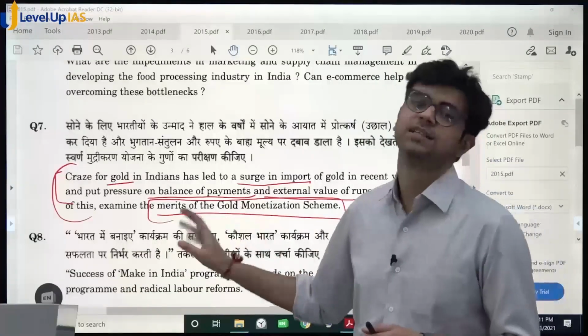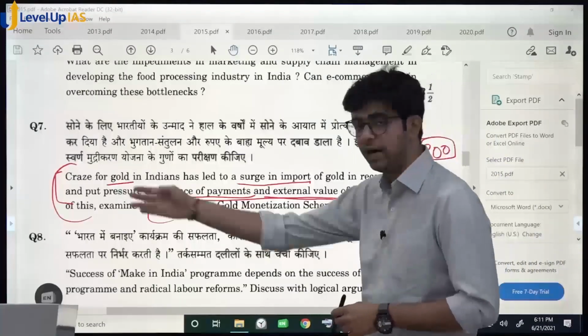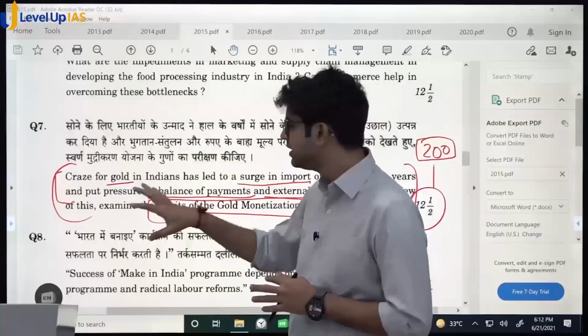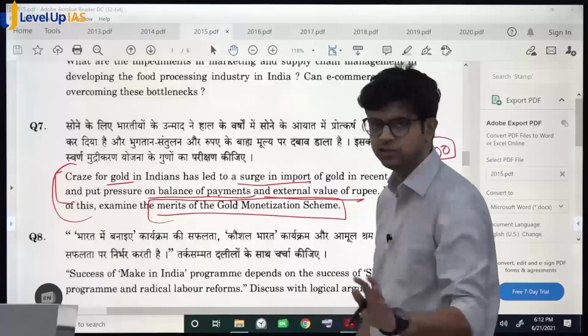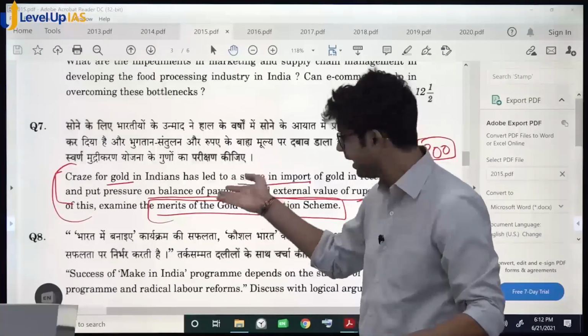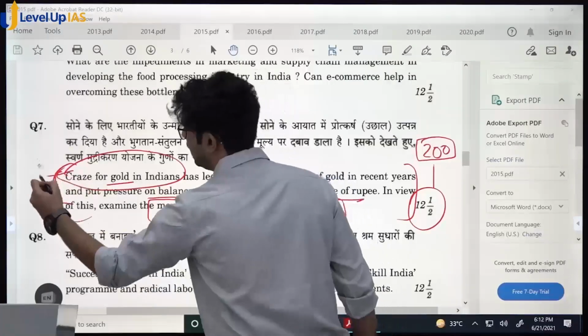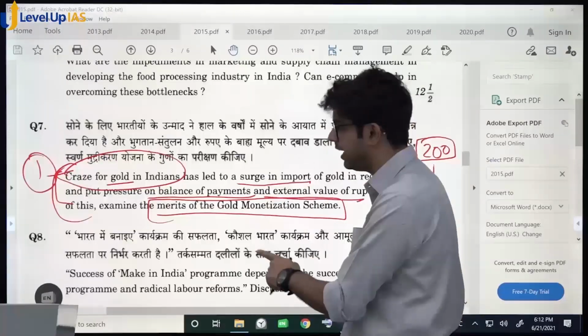Gold is quintessential in Indian homes. Like that, they will start the news, right? Similarly, we also have to not exactly justify, but give a few reasons for why this is happening. Not why it is putting pressure on balance of payment. That is economic, that is established. But why is there a craze for gold in Indians? This is part 1. This is the hidden part, not asked directly, but this should be addressed.